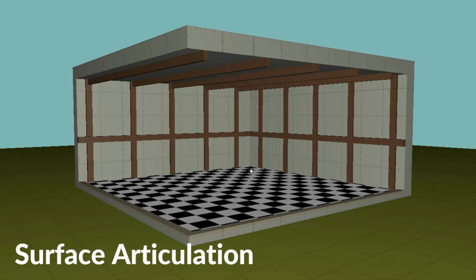It creates a very clear sense of volume, because what we're doing here is reinforcing the planes that construct that volume, which is one step below the actual volume itself. But instead of just surface articulation, we could also articulate the volume itself.